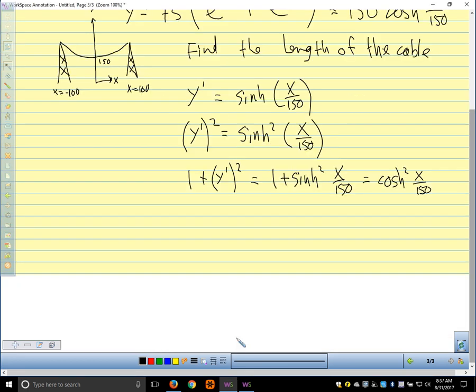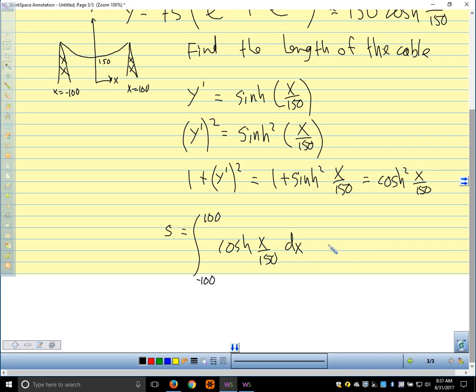So our arc length is the integral of the square root of this. So that's just going to be the integral from negative 100 to 100 of cosh of x over 150 dx. Nice, easy integral.